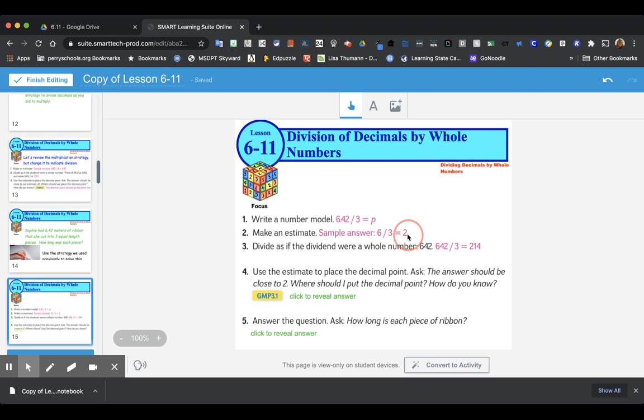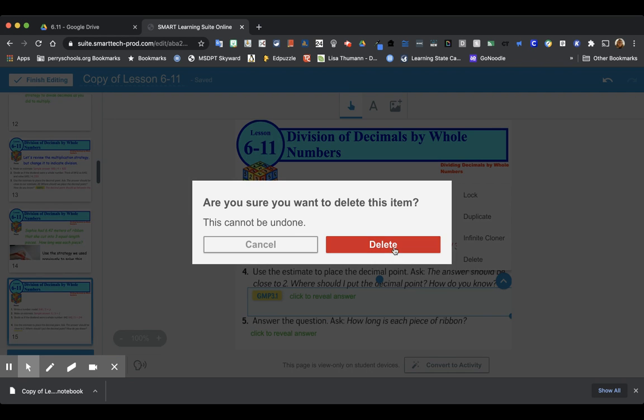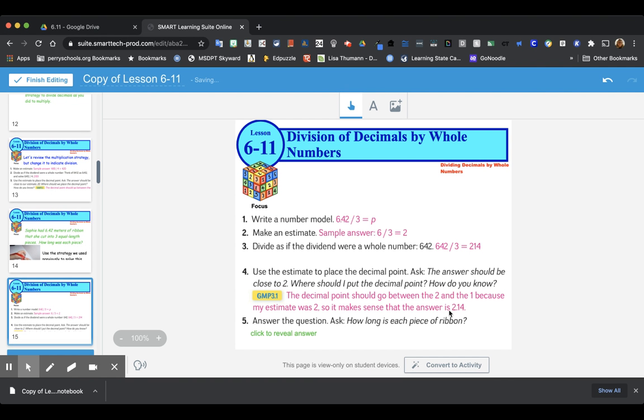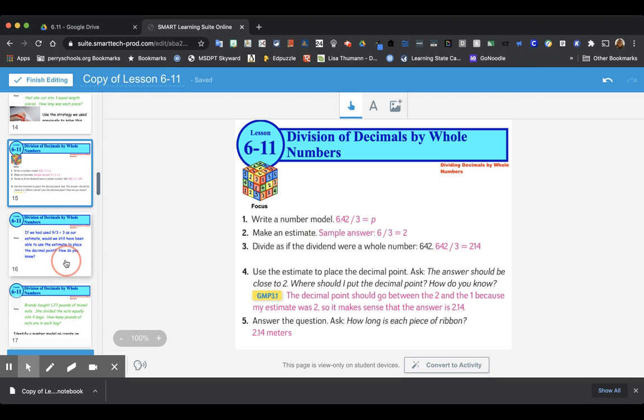Hopefully, knowing that our answer needs to be around 2, you know to put it between the 2 and the 1 to give us an answer of 2.14. So then to answer the question, how long is each piece of ribbon? 2.14 meters, or 2 and 14 hundredths of a meter.